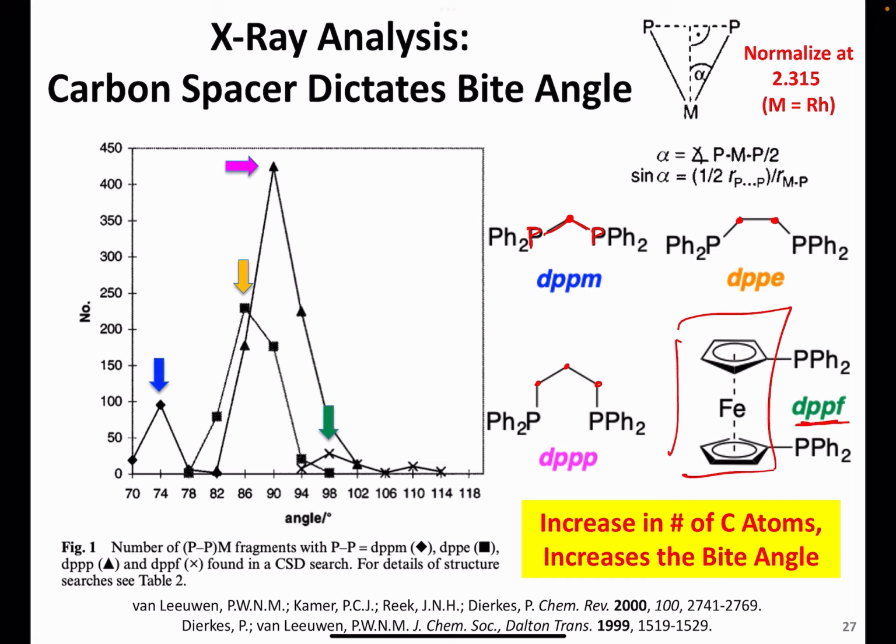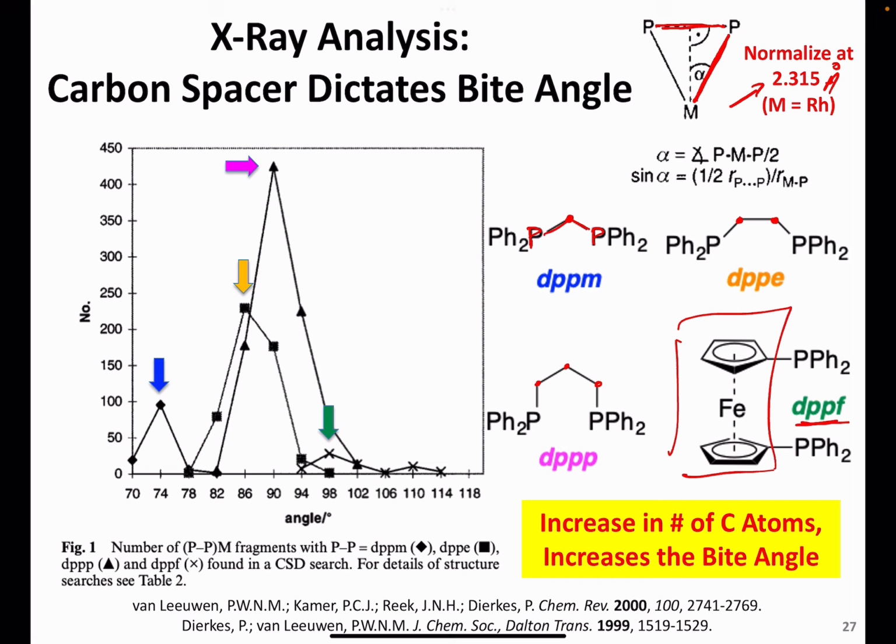And what we know experimentally is that the MP bond length is approximately 2.305 angstroms. Well, if it's approximately 2.305 angstroms, the more we increase the distance between the two P centers, the larger the bite angle can be. And experimentally, we observe this.